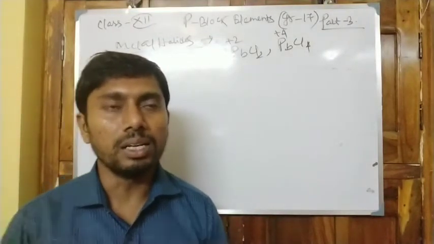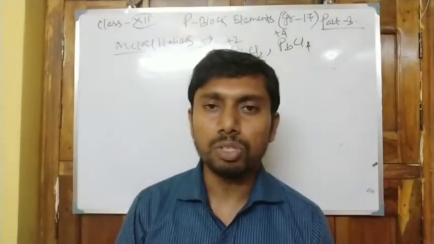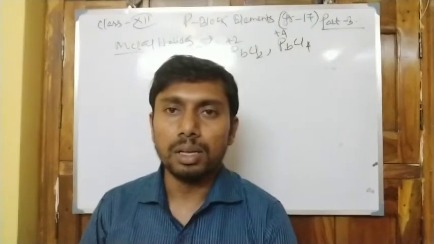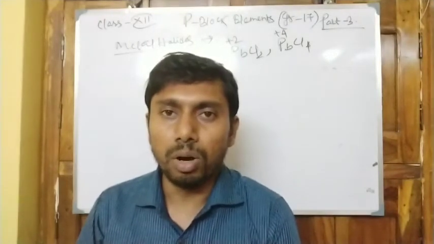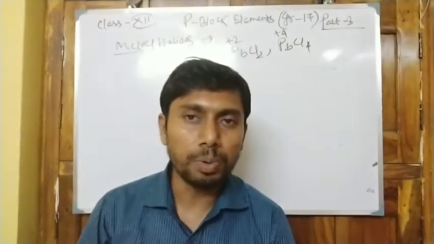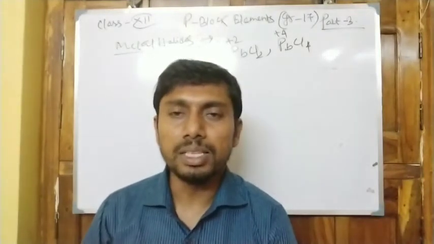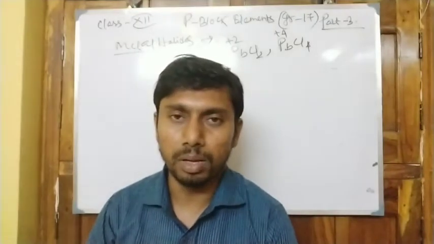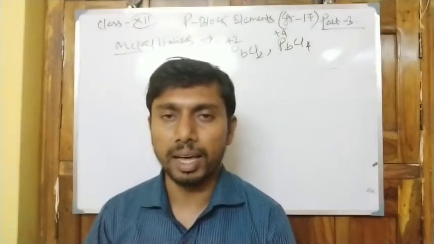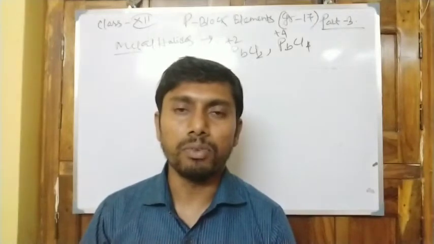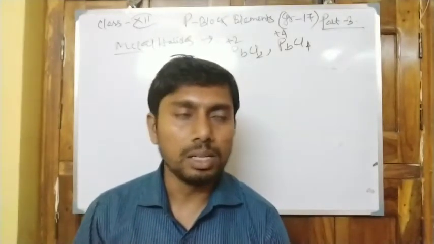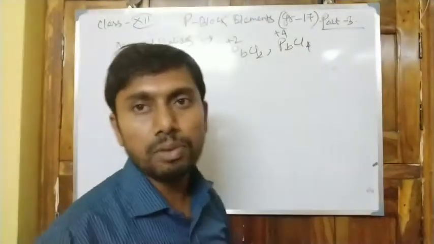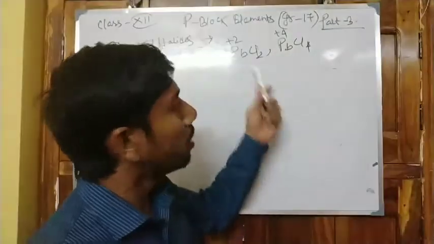From Fajan's rule we know that a cation with a large positive charge is more penetrating and can easily polarize an anion, and the expected result is covalency. So from Fajan's rule we should expect that PbCl4 is more covalent than PbCl2.